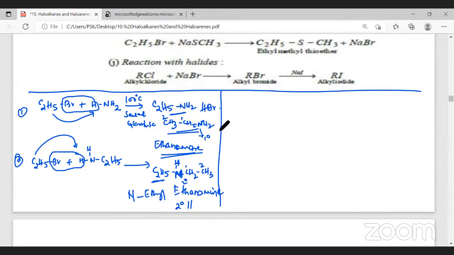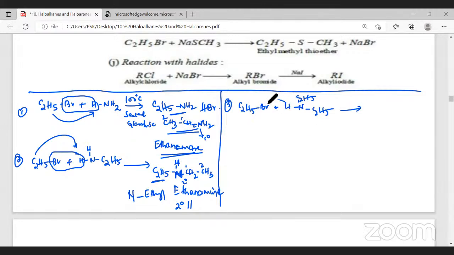Now coming to the next reaction, the third step of the reaction, we'll take an alkyl halide C2H5Br and I write HN C2H5 and I write C2H5. See, this is what I'm writing, C2H5 twice, and H I've taken this side for our understanding.